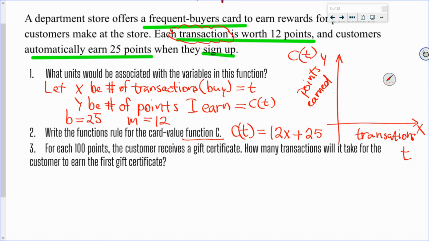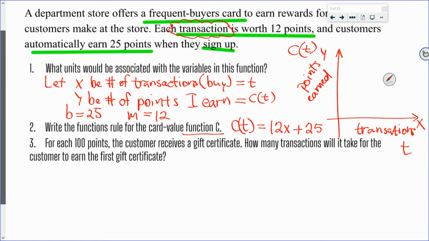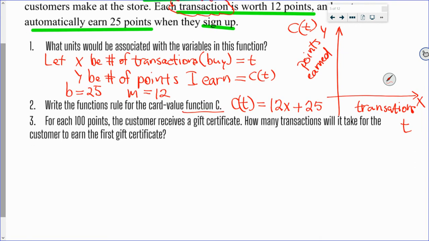Well, I don't want to guess, but here's what it's saying. Remember, C of T is the number of points I earn. So what I'm wanting to know is when is C of T, or when is Y, however you want to look at it, when is my function 100 points?